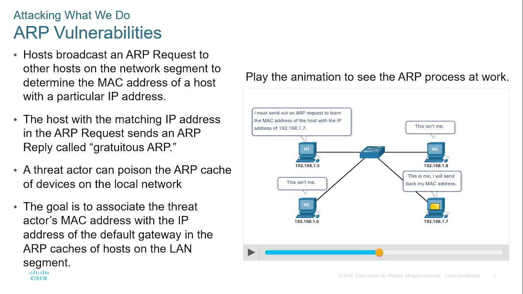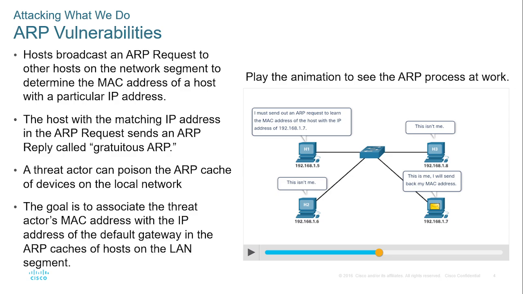So the goal of ARP cache poisoning by an attacker is to pair the threat actor's MAC address with the IP address of the default gateway.